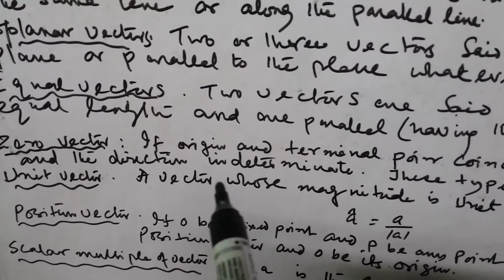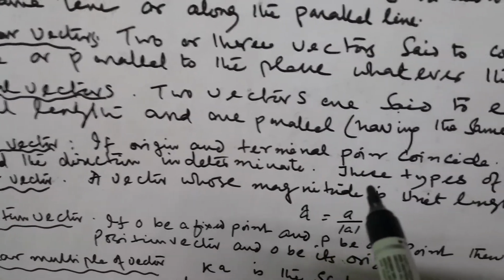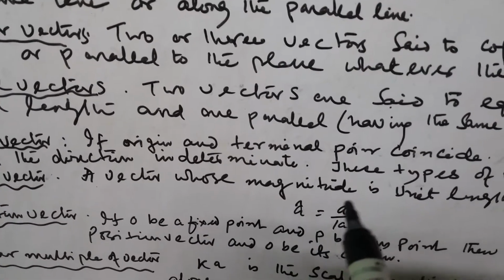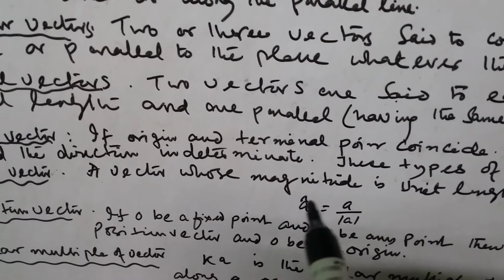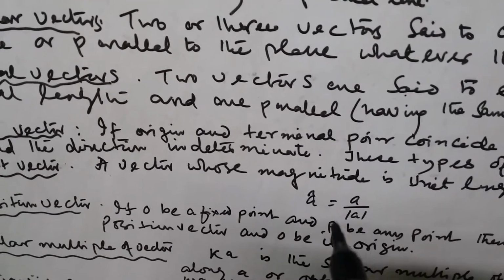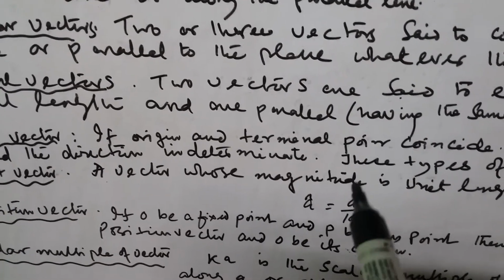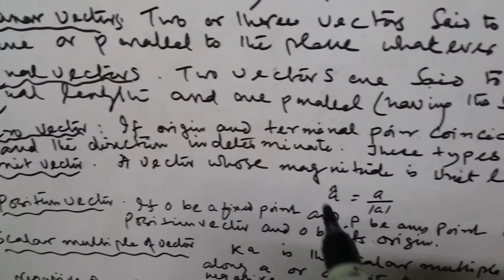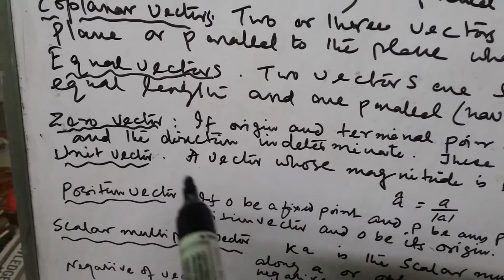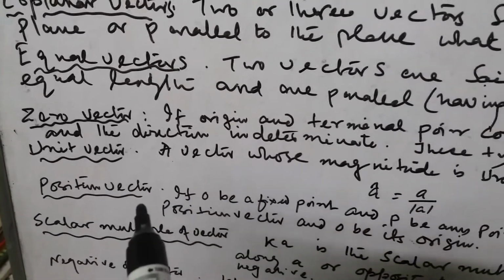Unit vector. A vector whose magnitude is unit length. Magnitude is the vector divided by the vector's magnitude. This type of vector is a unit vector. Position vector.